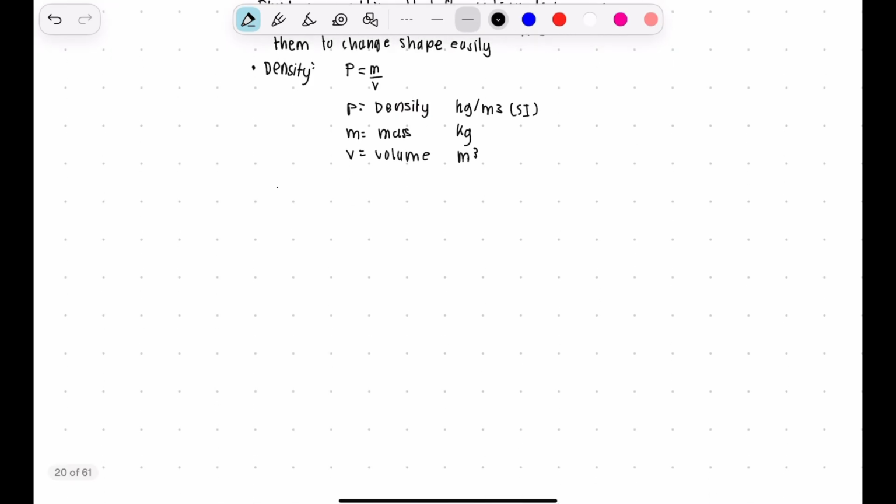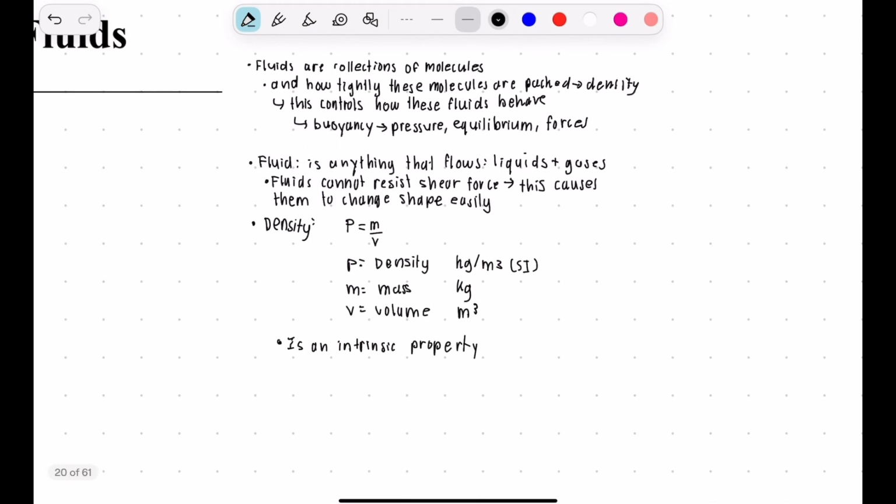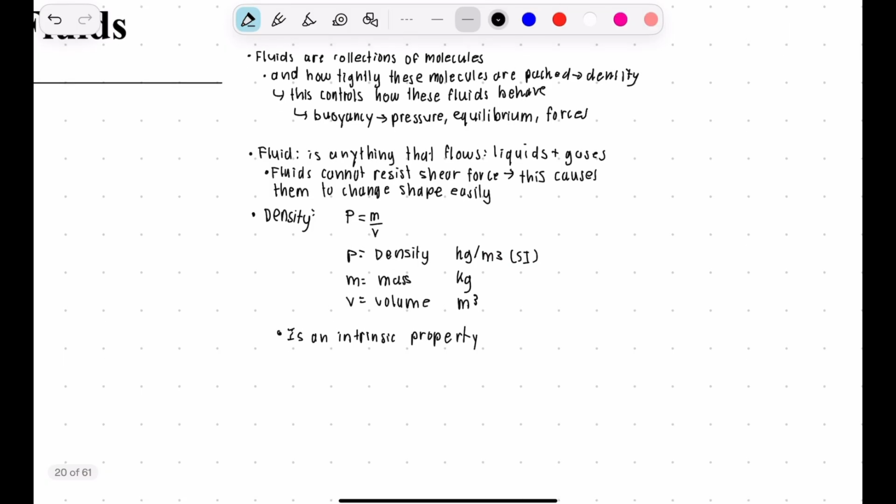So, what are some critical facts about density? Density is an intrinsic property. What does this mean? It means it does not change if you cut the material in half.